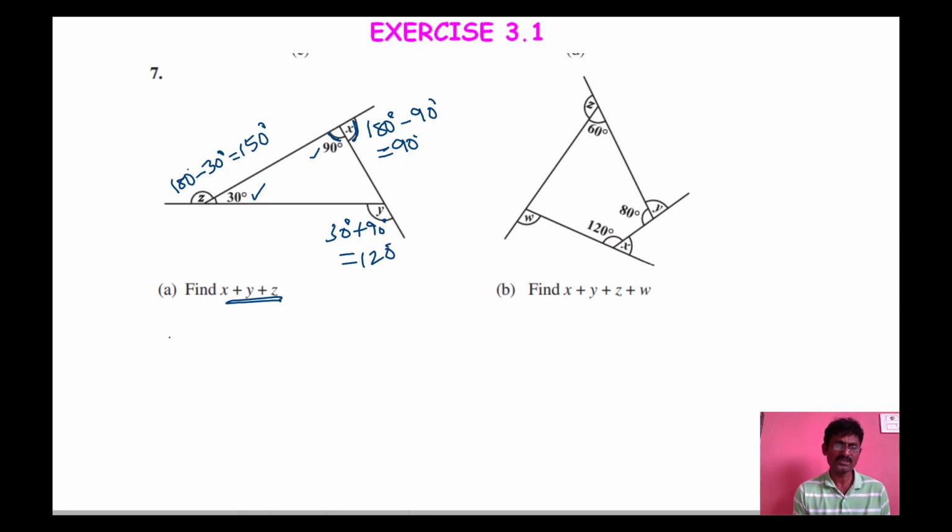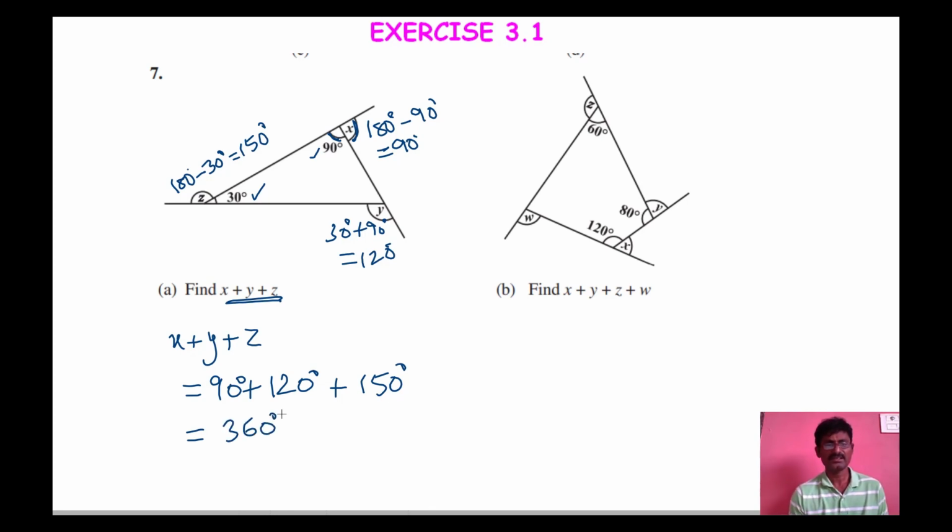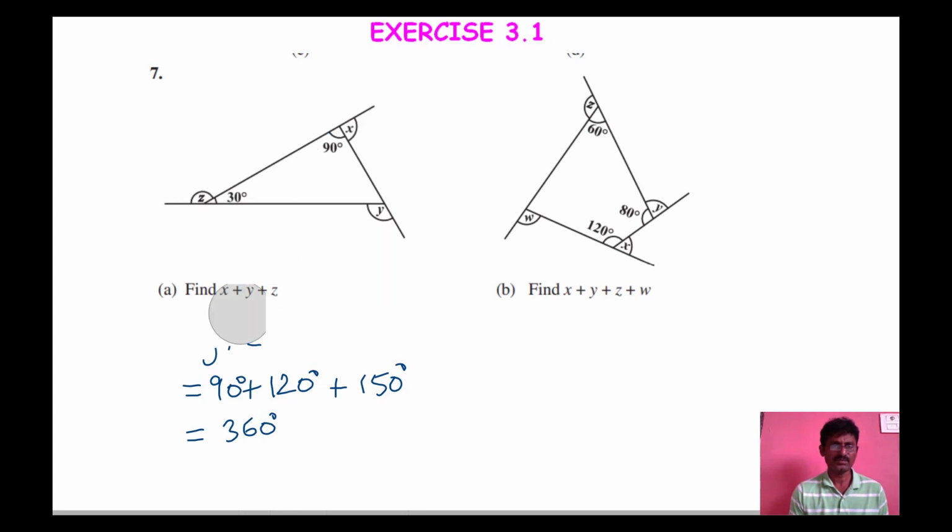So x plus y plus z equal to, x is how much? x is 90 degrees, plus y is how much? 120 degrees, plus z is how much? 150 degrees. If you add these three, 90 plus 120, 210, 210 plus 150, 360 degrees. So x plus y plus z equal to how much? 360 degrees. Now let us go to the next problem.